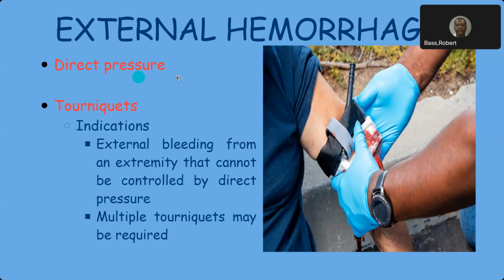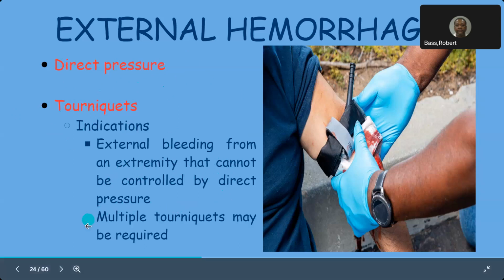Direct pressure along with wound packing, depending on the type of the wound, remains number one. If the bleeding does not stop with direct pressure, we move into our tourniquets. Our indication for a tourniquet is external bleeding that can't be controlled by direct pressure. And in some instances, we have to use more than one tourniquet.